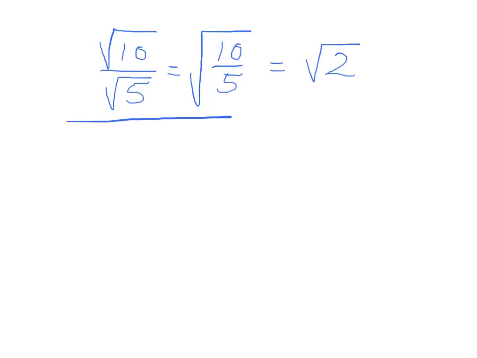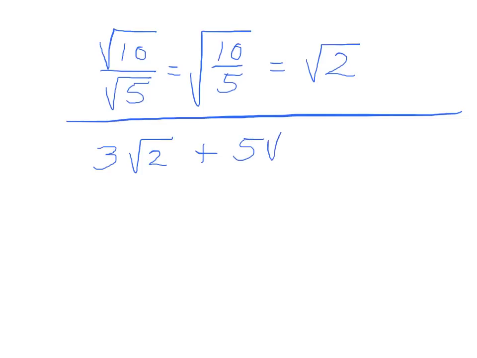And one more thing about radicals is when you add and subtract them, like 3 square root 2 plus 5 square root 2, well, I've got 3 of something and 5 of something, so I end up with 8 of that something, which happens to be the square root of 2.